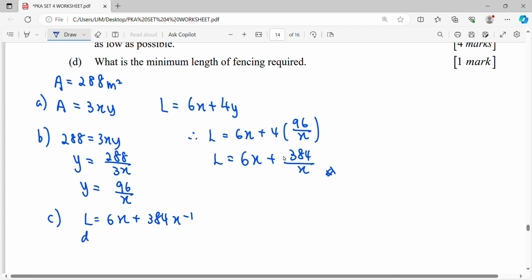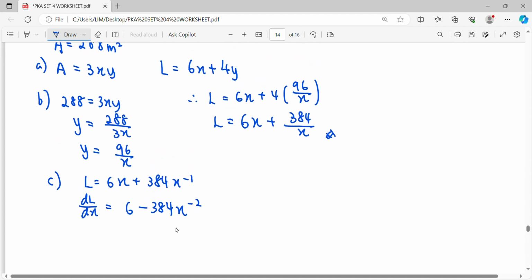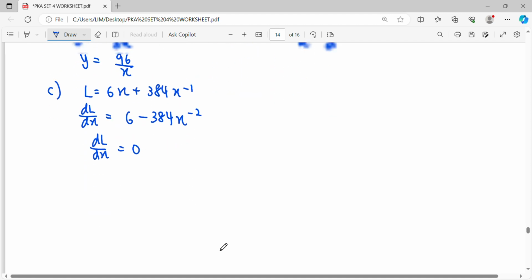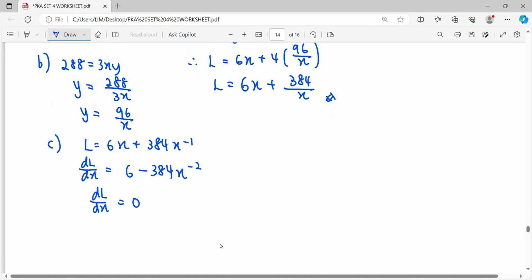So differentiate L with respect to x. Differentiate 6x, 6. For differentiating this, the power comes down in front: -384, power minus 1, to become -2. So we let it be 0 to find the critical number, so that we can verify later. So 6 minus 384 over x squared equals 0.